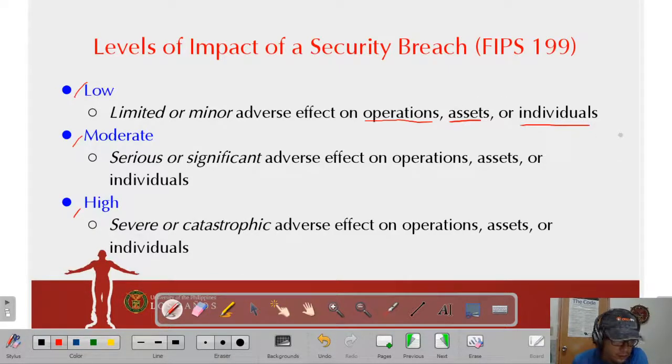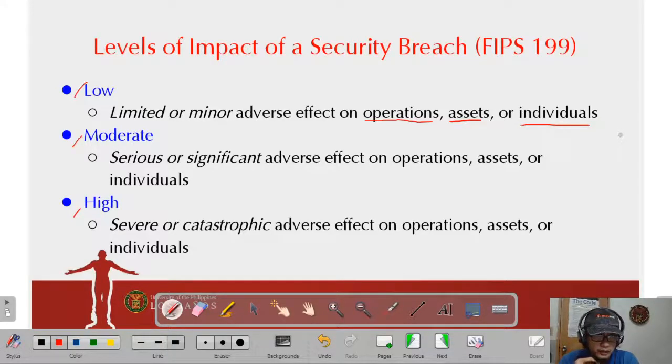So the individuals are the users or the entities that provide information to the information system. So that's what you always have to consider.